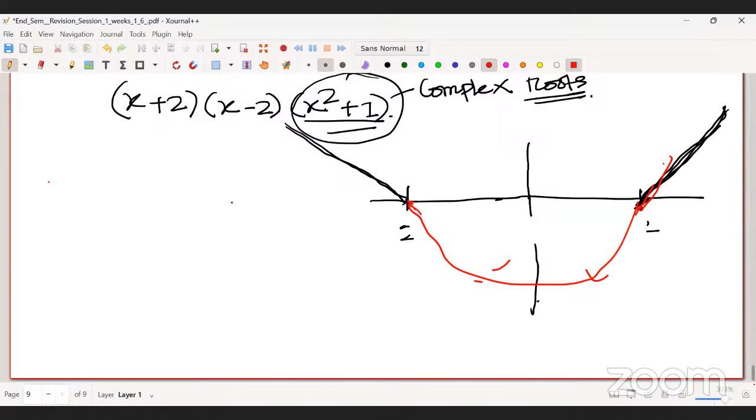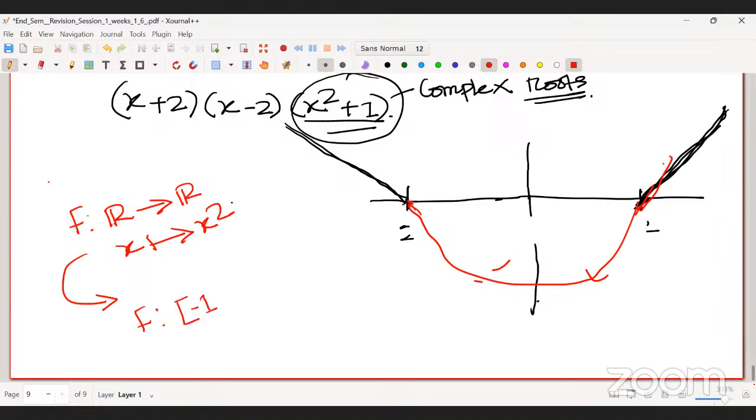For example, if you have a function from R to R, x goes to x square, I can restrict my domain and consider this function from the interval -1 to 1 to R. So now this is my domain.